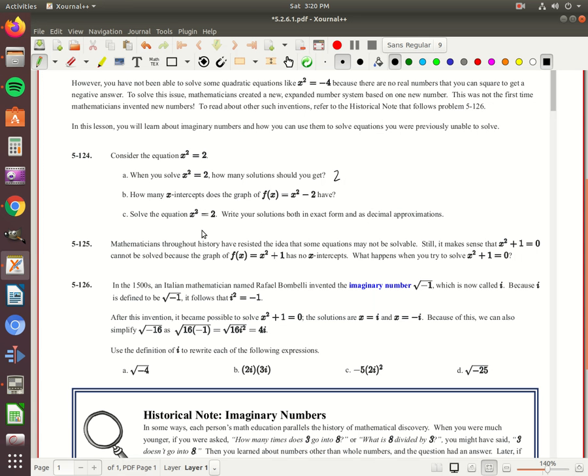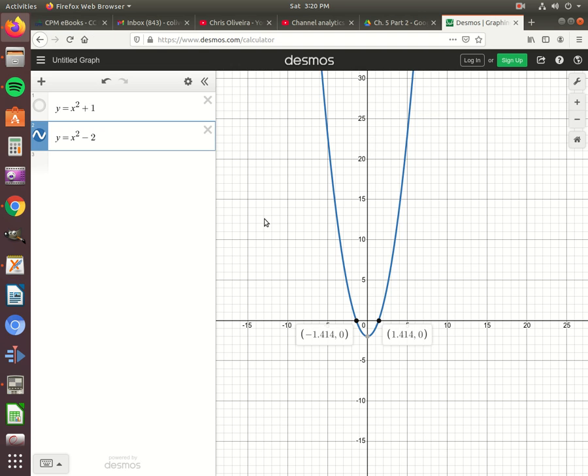So it says solve the equation x squared equals 2 and write your answers both in the exact form and the decimal approximations. Well, that's what we're actually going to get. We're going to get plus or minus the square root of 2. Those are going to be the exact form, and the decimal approximations are going to be plus or minus 1.41, right? We just saw that right over here in Desmos.